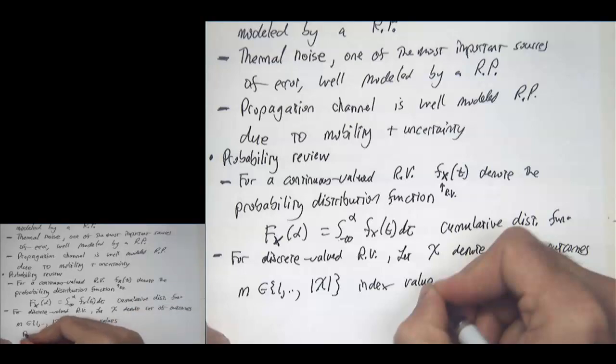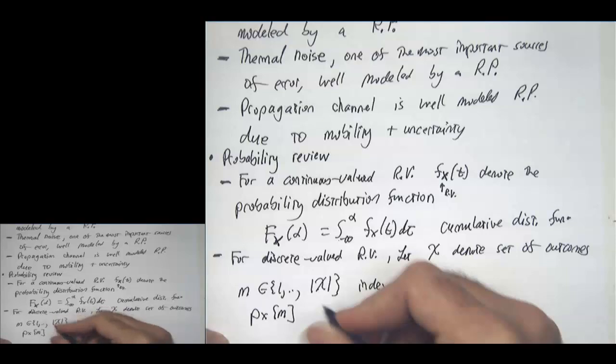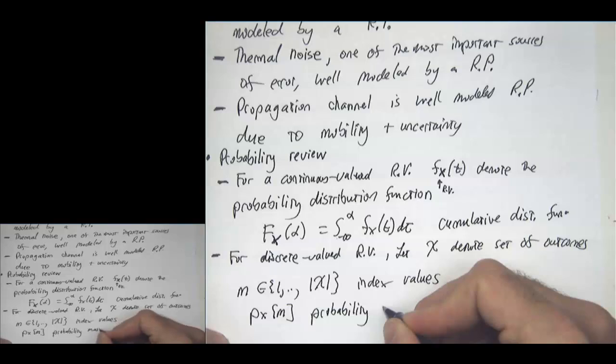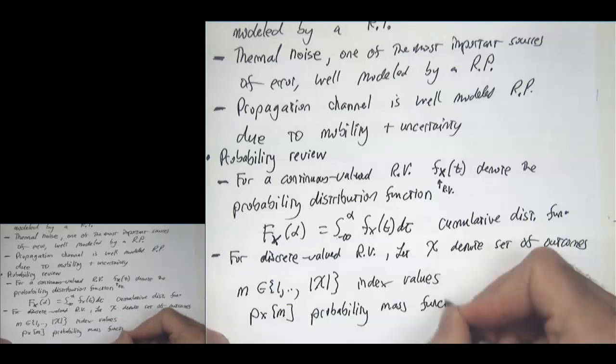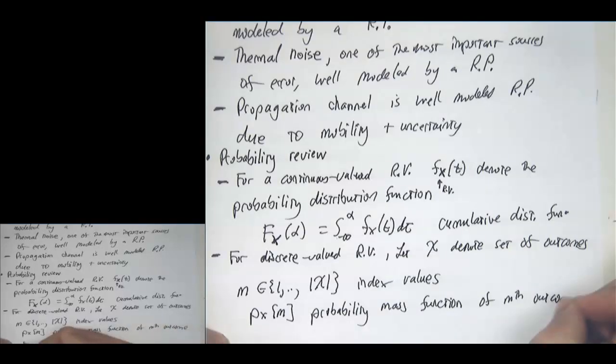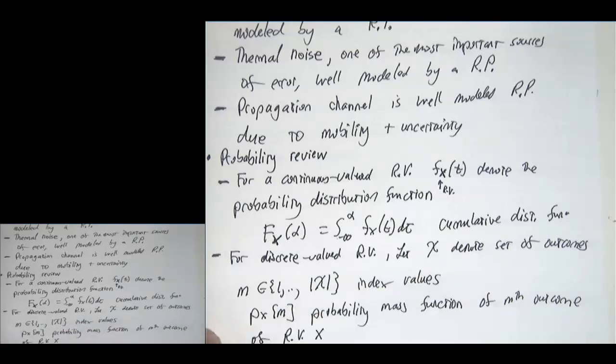Then px of m will denote the probability mass function of the mth outcome of random variable x.